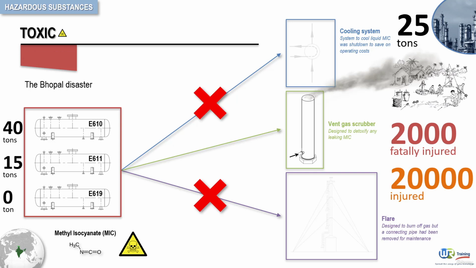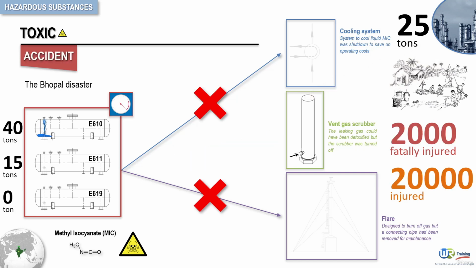Water entered tank E610, causing a runaway heat-producing reaction. This resulted in an overpressure within the tank that subsequently caused a release of MIC, as seen here. As a result, the toxic cloud spread over the town, killing 2,000 and injuring a further 20,000.